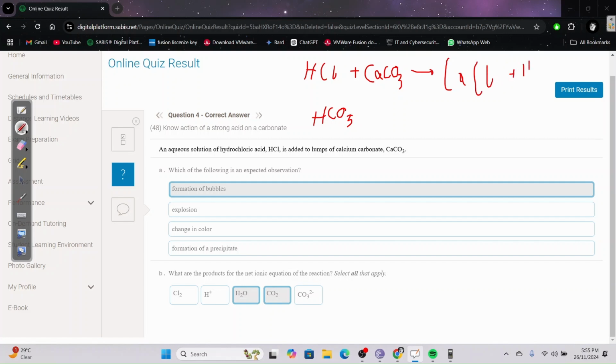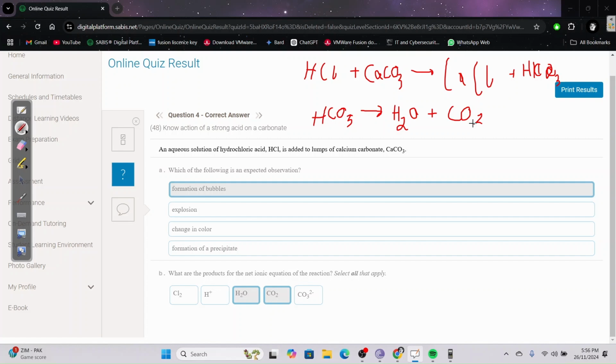Plus hydrogen carbonate, HCO3. This dissociates into water, H2O, and carbon dioxide. Now, I don't think this is balanced, but it dissociates into that.